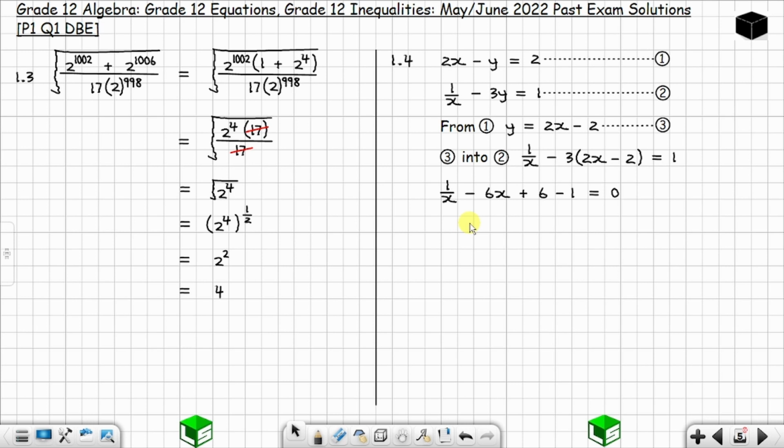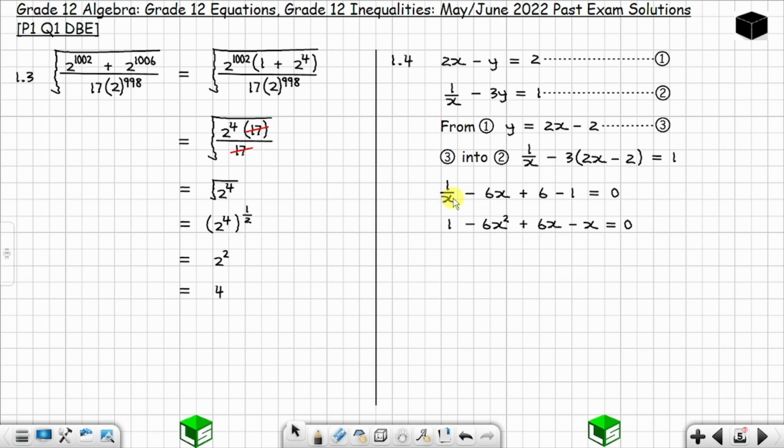Now what you have to do is get rid of this x. You can multiply by x throughout. You have 1 minus 6x squared plus 6x minus x is equal to 0.